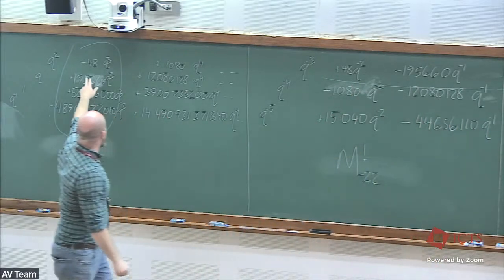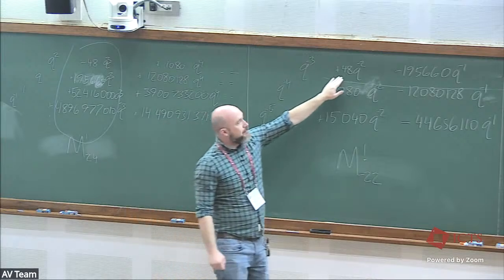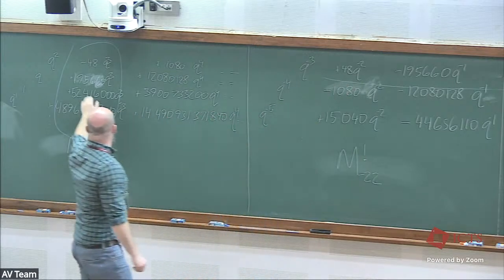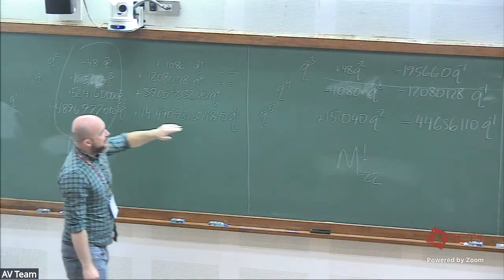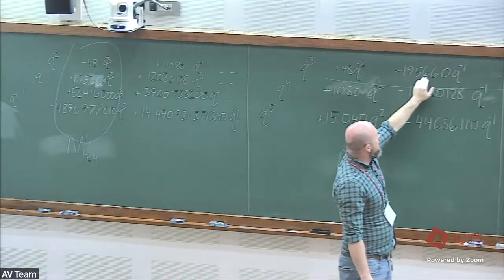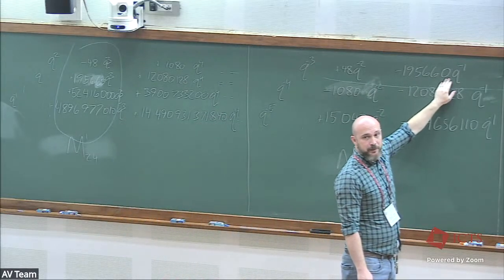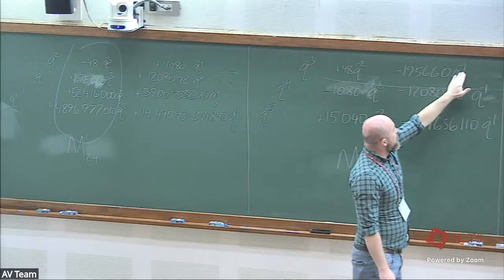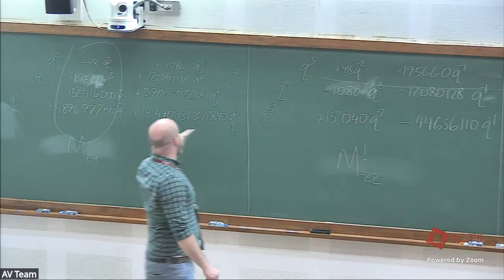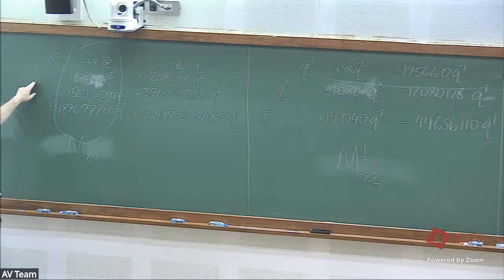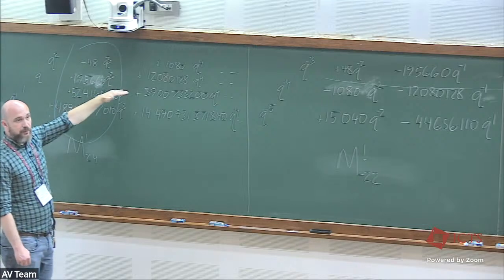So we've got a minus 48 over there that compares to our plus 48 over here. The plus 195660 over here compares to our minus 195660 over here. This is a coefficient of q to the minus 1. We find that by coming over here, we look at the form that starts with a q to the plus 1, and look across there for those coefficients.